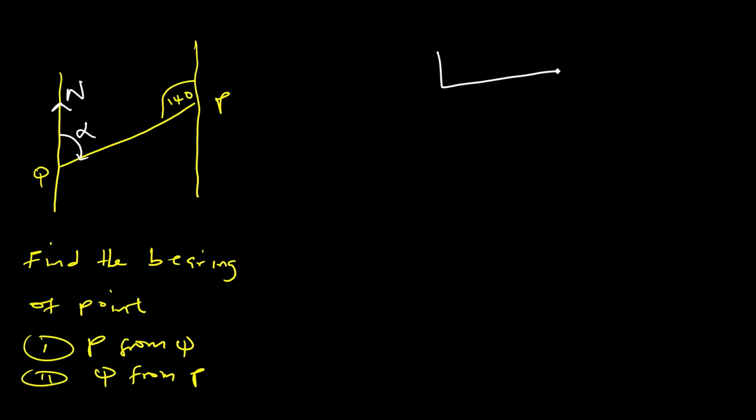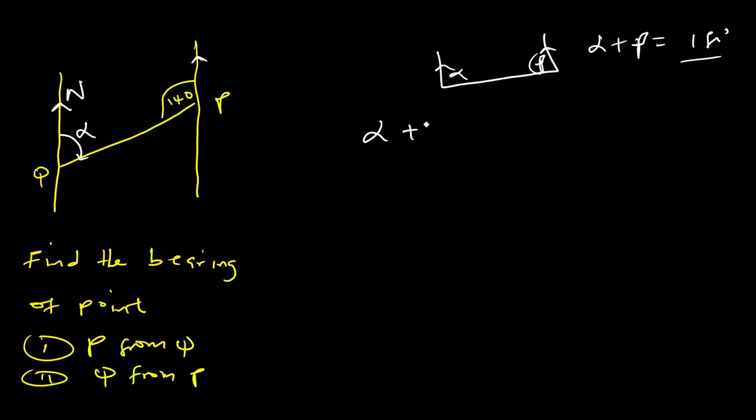When you are given two lines that are parallel like this, if this side is alpha and this side is beta, alpha plus beta will give us 180 degrees. So we have this side as alpha and this side is 140.